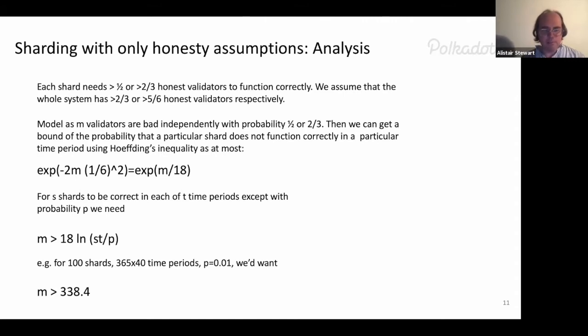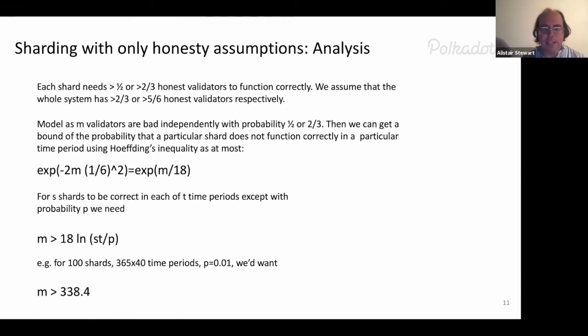So let's say we have 100 shards. Now in Polkadot, we change validators, or shard assignments, 4 times a day. And if we want to be safe for 10 years, that gives us 365 times 40, and a 1% chance that any of these chains is going to be attacked, and that gives us a number of validators we need: 338.4.